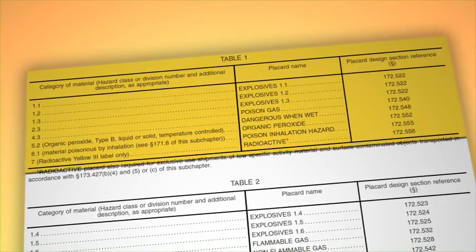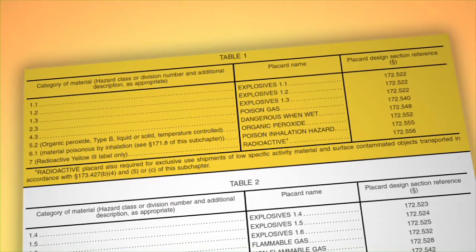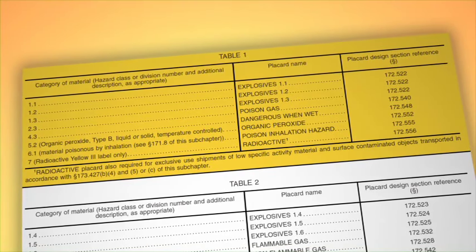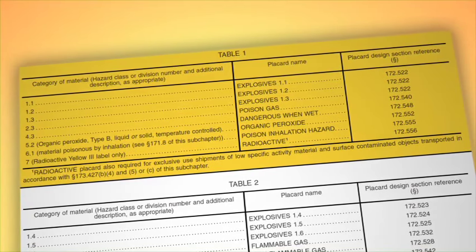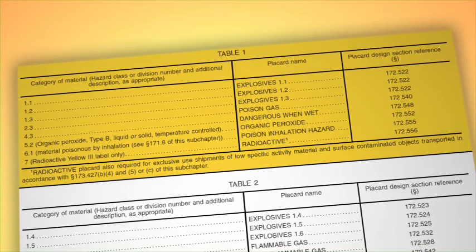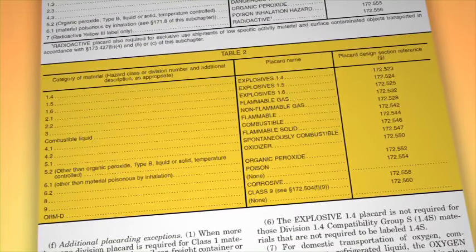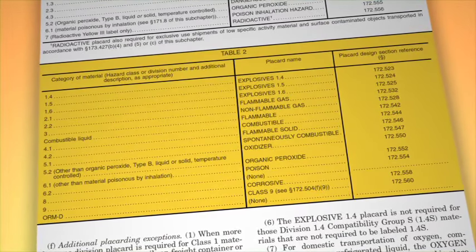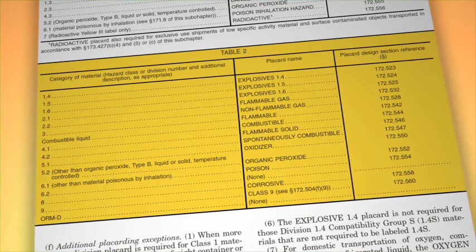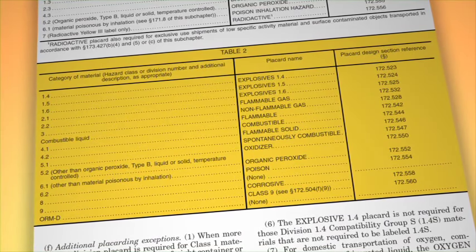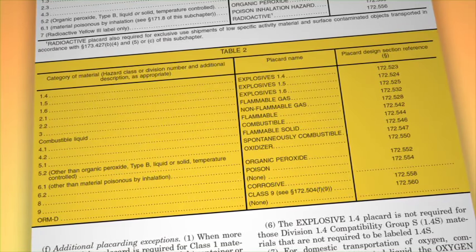Placarding Table 1 lists the hazardous materials that require placards, regardless of what quantity is being transported. The most dangerous categories of hazardous materials are listed in Table 1. Placarding Table 2 lists the hazardous materials that must be placarded if the aggregate gross weight of all Table 2 materials being transported in non-bulk packages equals or exceeds 1,001 pounds.